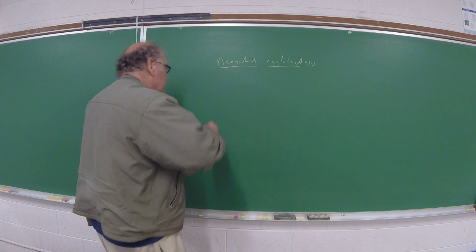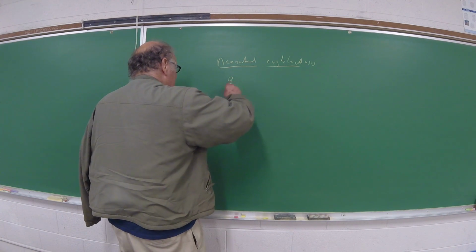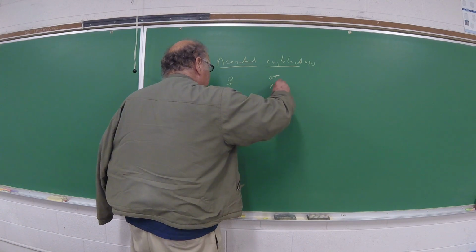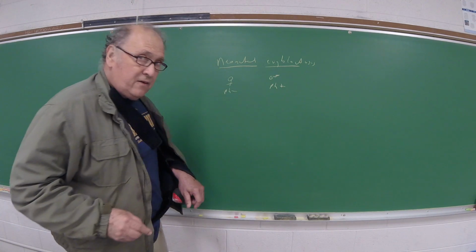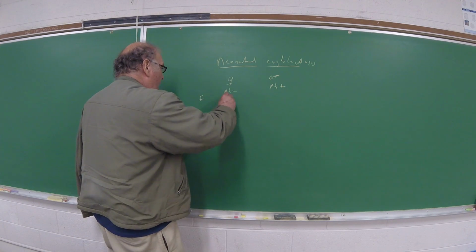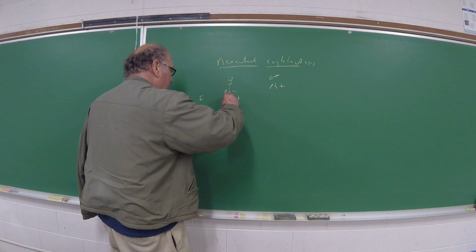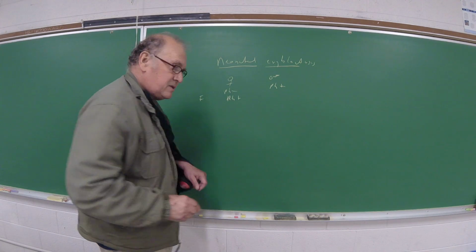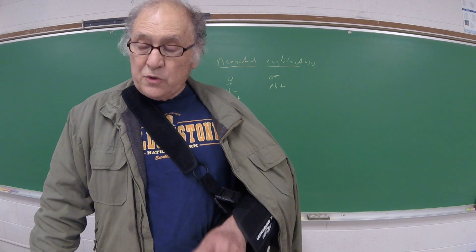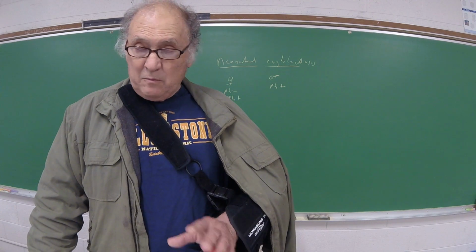So the female is Rh negative, the male is Rh positive. The F1, the fetus, is going to be Rh positive. So, ladies, if you're negative and the male is positive, the baby will be Rh positive. You're carrying a baby with a different type of blood than what you have.